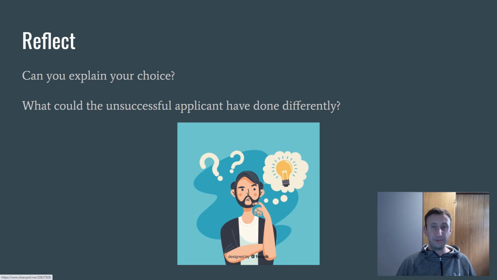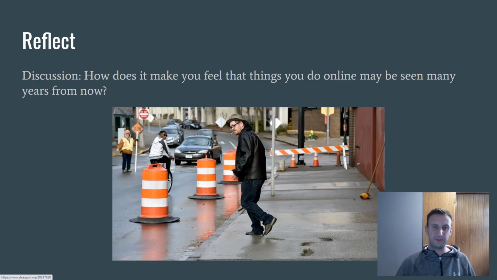So you can think about this, maybe jot a few ideas down, or maybe I'll have an Edpuzzle question where you can enter in why, or actually particularly what the unsuccessful applicant could have done differently in order to make sure that their digital footprint didn't cause them to not get the job. So what could they have done differently in order to increase their chances of being picked for the TV hosting job?